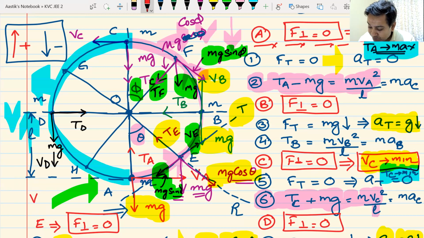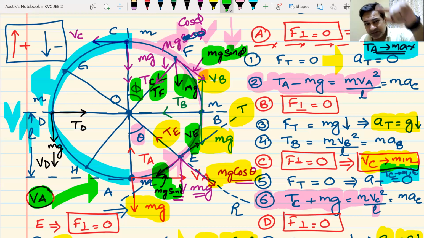That thing is the speed at point A. How much speed I give it at the lowest point determines the entire motion. So if you just know the speed at point A, you can tell what is going to happen with the body. And that is what we are going to see in the next class: how speed at point A determines the entire motion of the body.